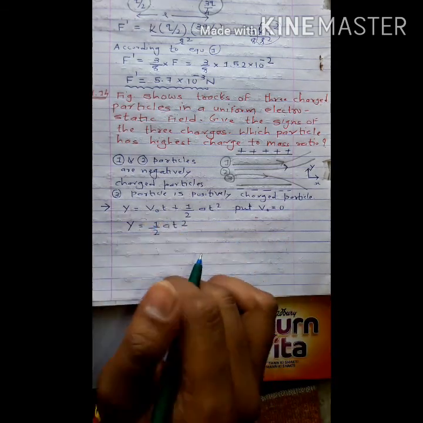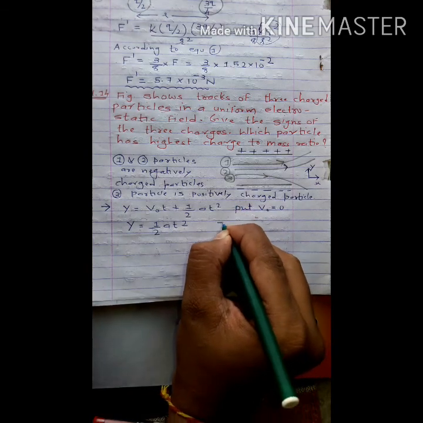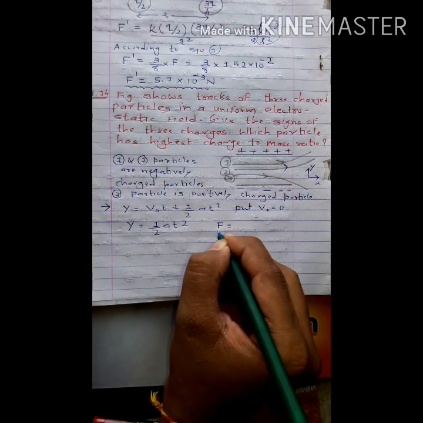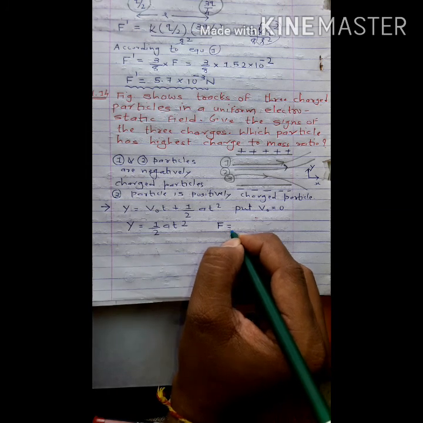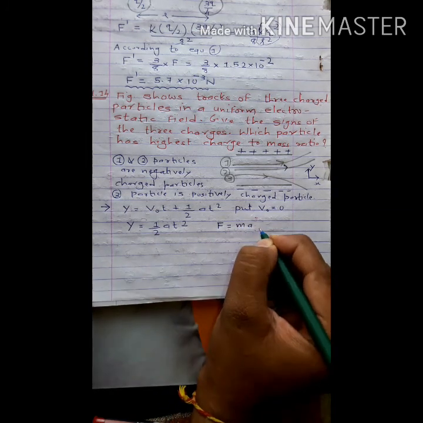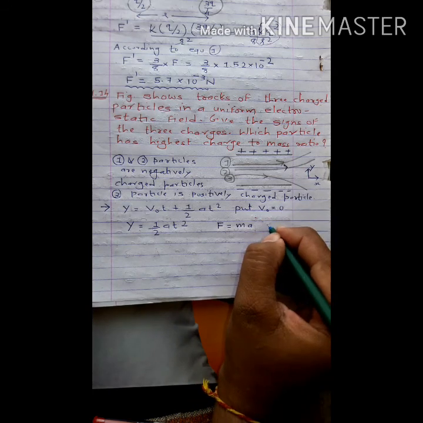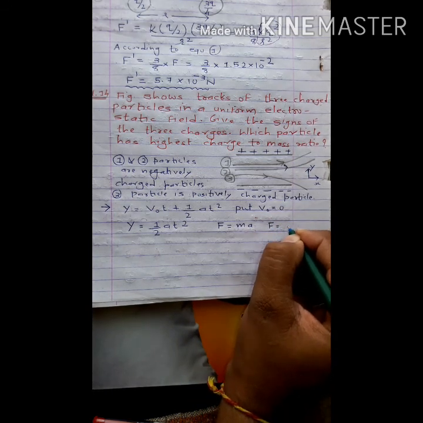Now use the equation of acceleration. We will compare two forces. According to Newton's second law of motion, F is equal to ma, and because of the electric field, force F is equal to QE.